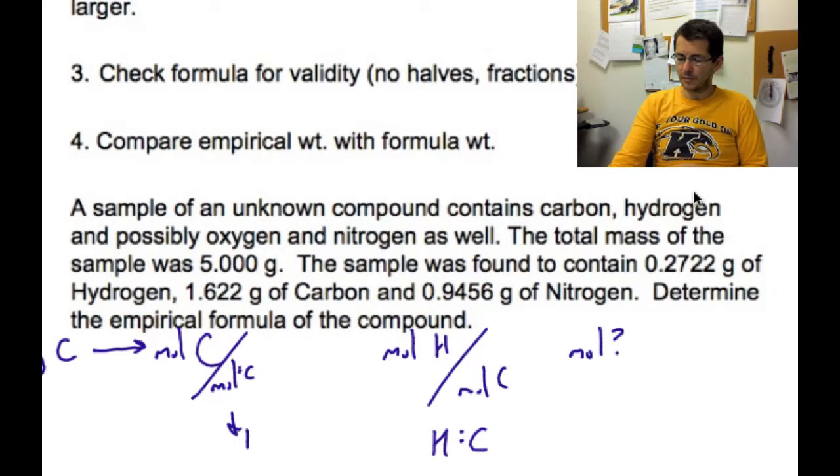So let's take a look at a problem. You have a sample, total mass of the sample was 5 grams, and it's found to contain the following: 0.227 grams of hydrogen, 1.622 grams of carbon, and 0.9456 grams of nitrogen.